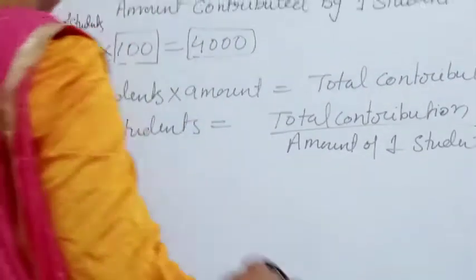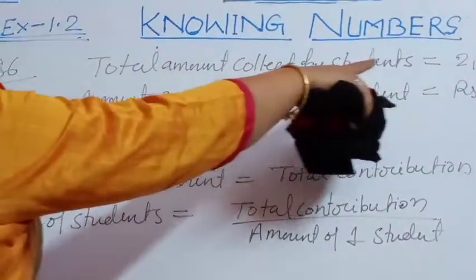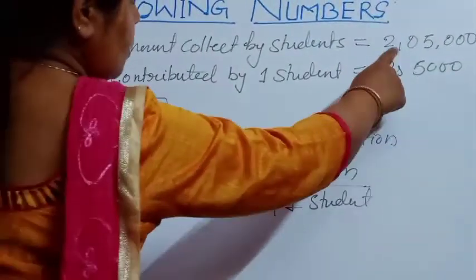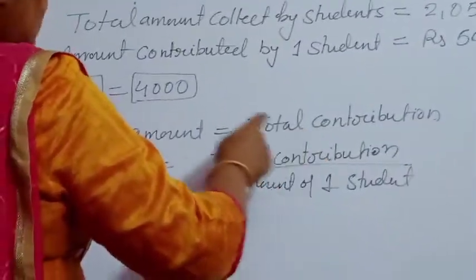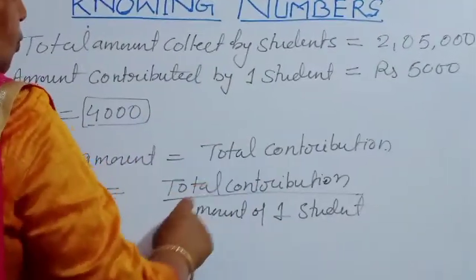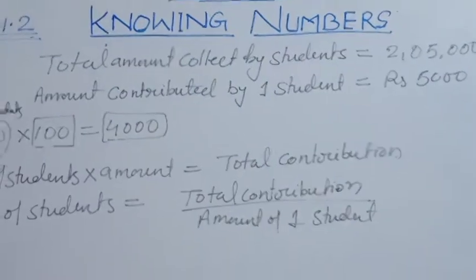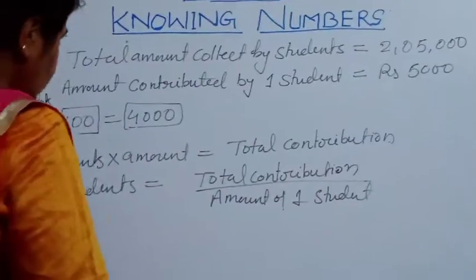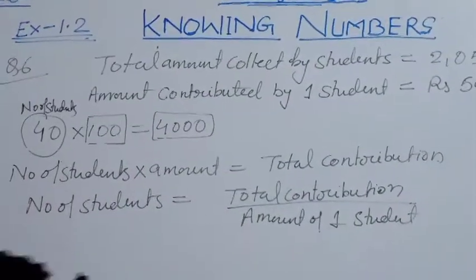Maybe everybody has understood this now. Okay, what you will do for finding the number of students in this question? Total contribution, that is this amount 2,05,000, will come in the numerator, and amount contributed by one student will come in the denominator, and then perform the division. Then in this way you will get the number of students in the class. Then you will complete this question also yourself. Okay. Now reach to the question number 7.